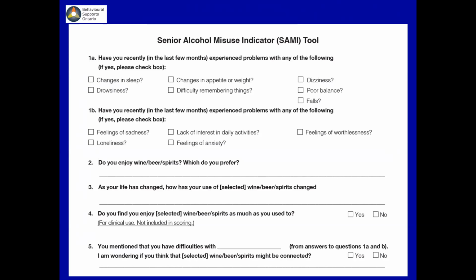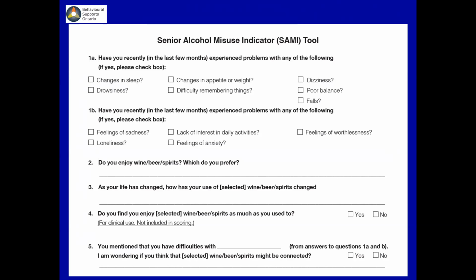The last question, the fifth question, asks the respondent to consider, of all those things that you mentioned in the first question that you're having trouble with, do you think that your use of wine, beer, spirits might be connected? So in some ways, it's asking them to make the link between their alcohol use and their physical and emotional health. Some older adults have never even considered that alcohol could be playing a role in what they're experiencing. For the most part, some older adults say, well, I've been drinking all my life.